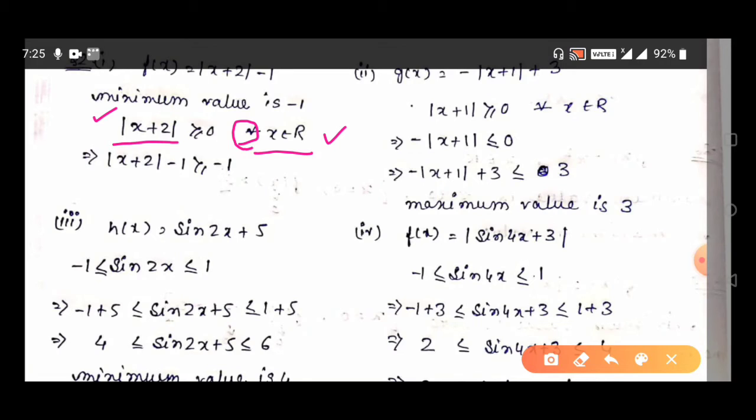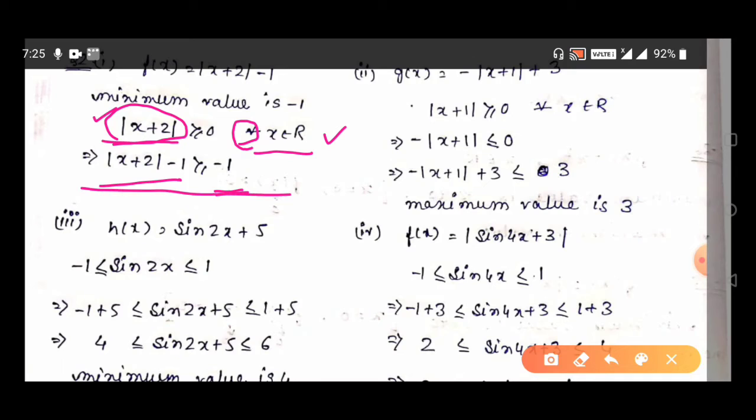Now since mod is given, that means it will always be greater than or equal to 0, because it is a positive quantity. Now if we subtract 1 from both the sides, then it will become mod x plus 2 minus 1 greater than or equal to minus 1.